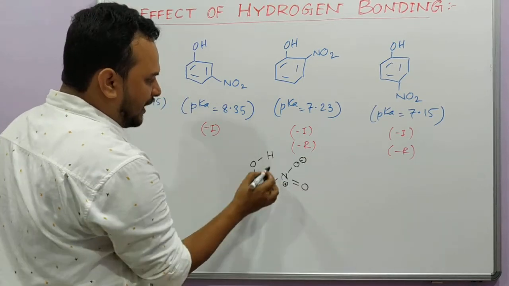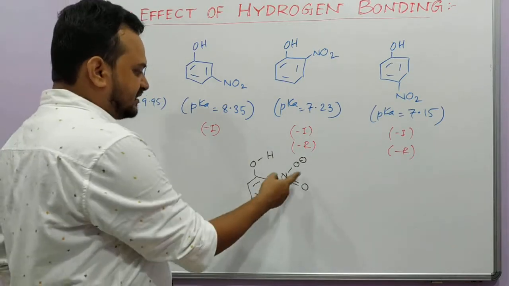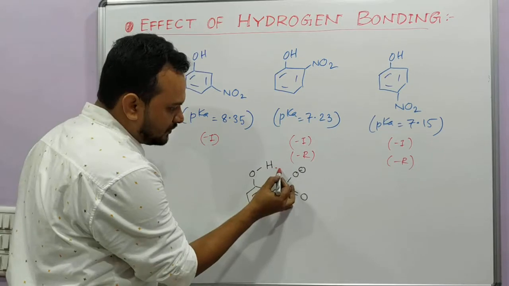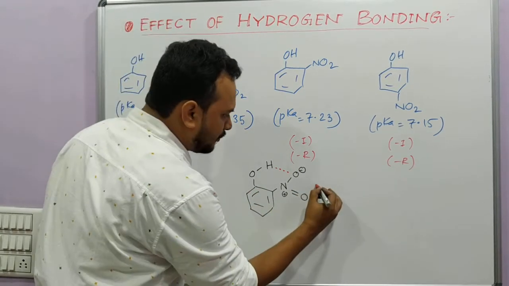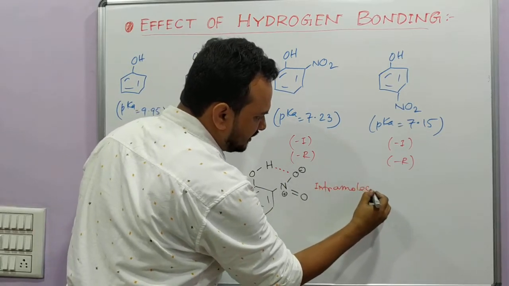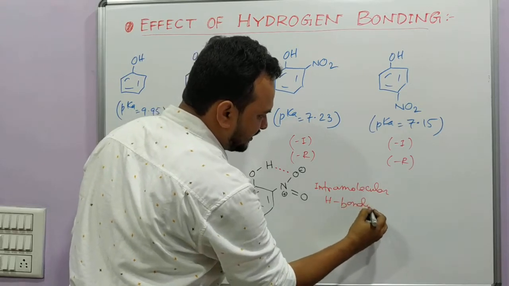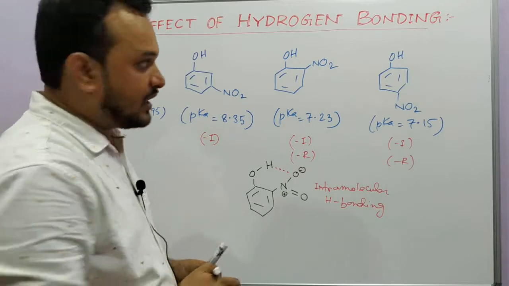This O minus and this hydrogen, they are in close proximity. Since this nitro group is at ortho position, this hydrogen and this O minus are very close to each other. Intramolecular hydrogen bonding. Because of this intramolecular hydrogen bonding, it becomes difficult to release this hydrogen as H+.